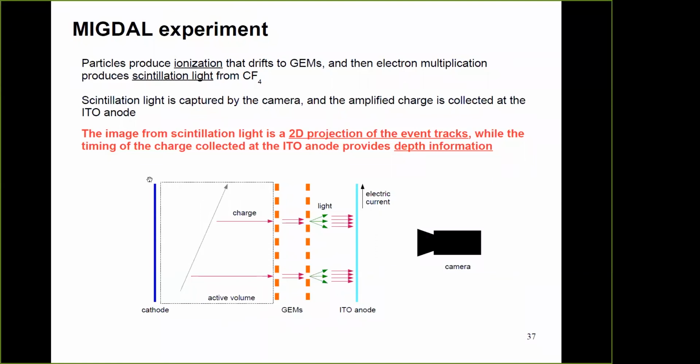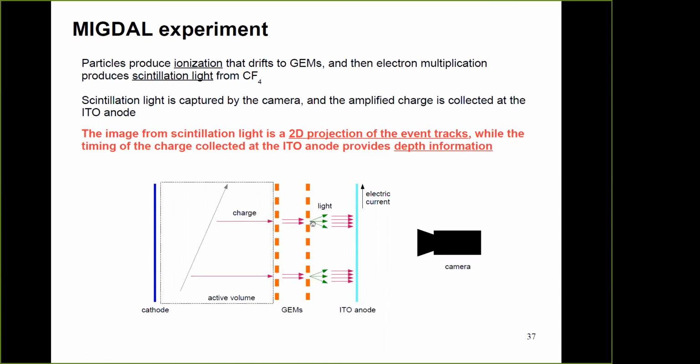So as I said, the active region is between the cathode and the GEMs. We fire our neutrons here. We expect to produce Migdal events in this active volume. Then the two tracks will produce charge, ionization, that will drift because of the electric field to the GEMs, go through the holes, get multiplied, and because there is CF4 scintillating gas, this multiplied electron signal will produce light mainly at the holes.